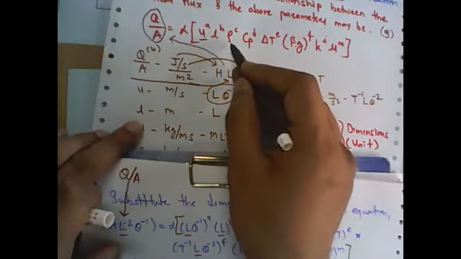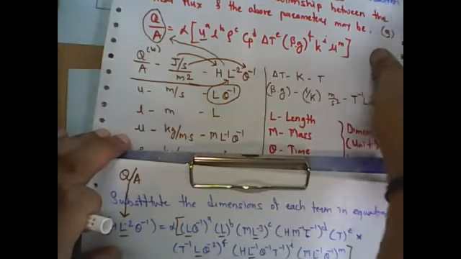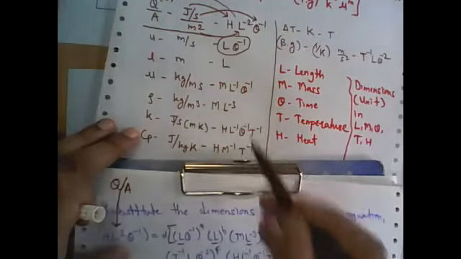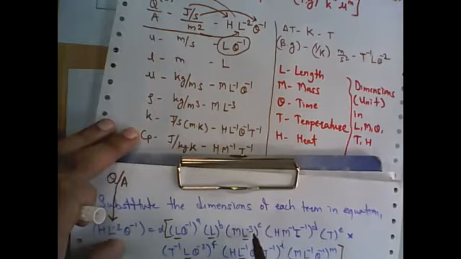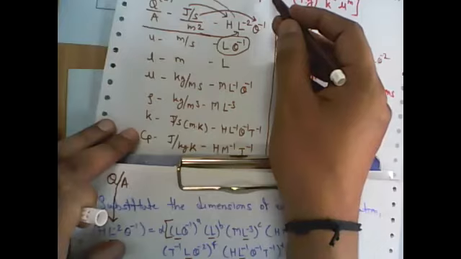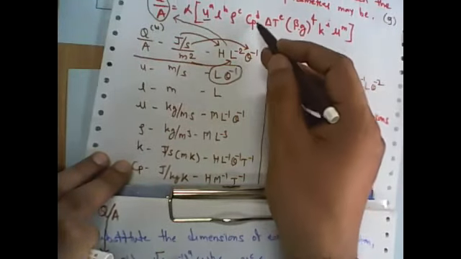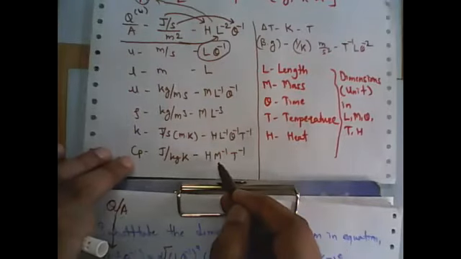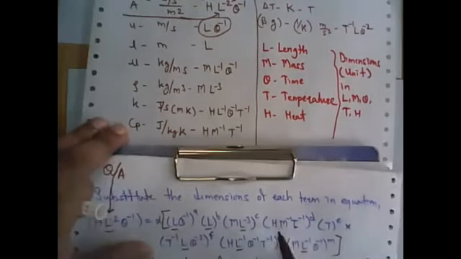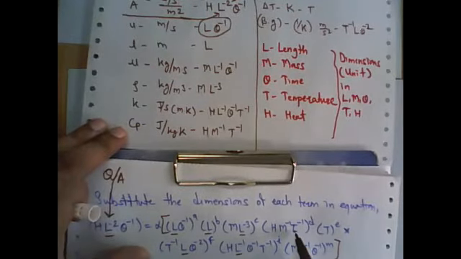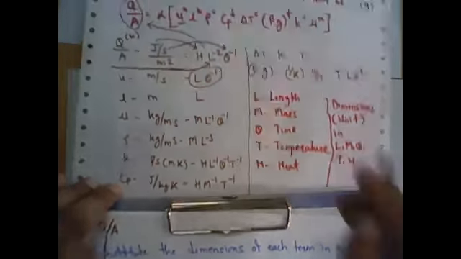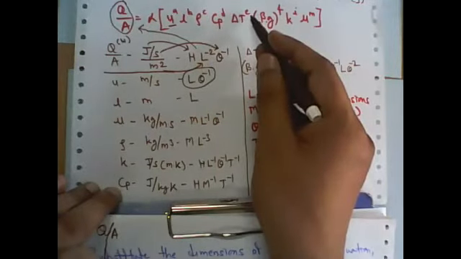Then this density rho raised to c, so this rho is nothing but m into L raised to minus 3. So I have written here m into L raised to minus 3, bracket raised to c. Then Cp raised to d. So what is Cp? It is H into m raised to minus 1, T raised to minus 1. So I have written H into m raised to minus 1, T raised to minus 1, bracket raised to d. Then in the equation, delta T raised to e.